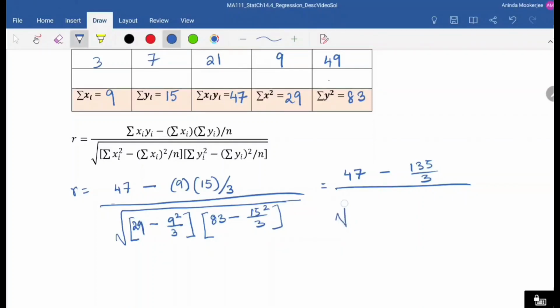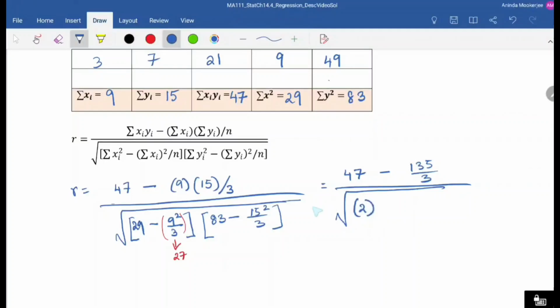And in the bottom, we have the square root over 29 minus 27. 9 squared is 81, and 81 divided by 3 is 27. And 29 minus 27 is 2.